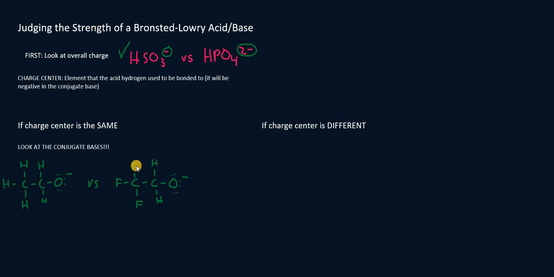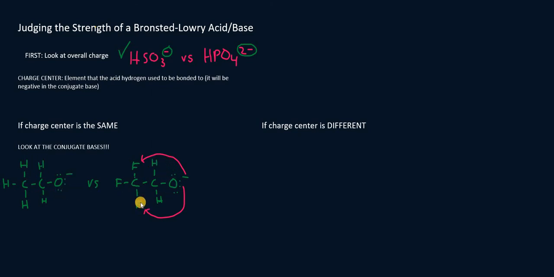Remember Funkelbryce, fluorine is highly electronegative. So what that means is the fluorine is drawing the charge from this oxygen towards itself. And what that means is that it's stabilizing the charge in this molecule, which means this molecule is more stable than this one.